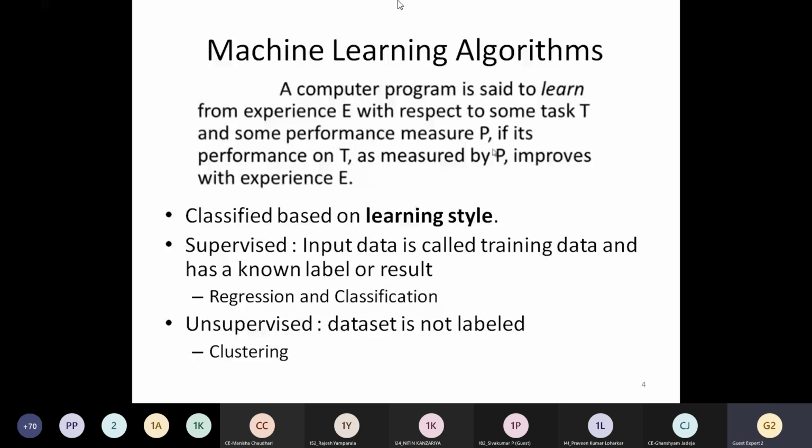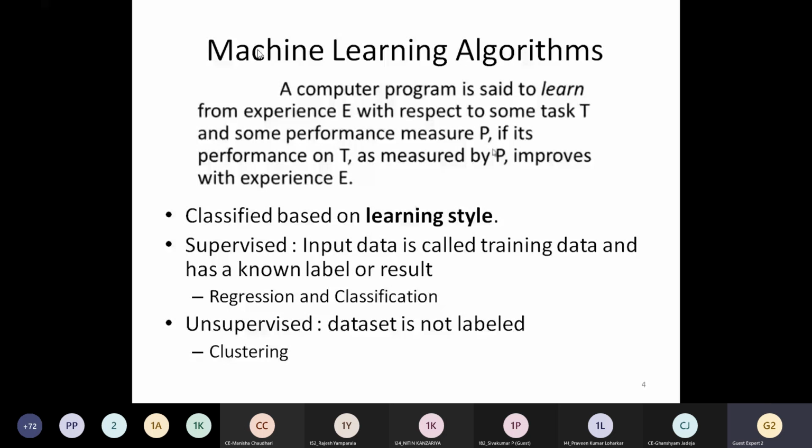So machine learning is a computer program that learns from experience E, that is your data set, with respect to some task T, that is your goal, and some performance measure P, in such a way that performance on T as measured by P improves with experience. The performance should improve during the learning. So that is a machine learning program.